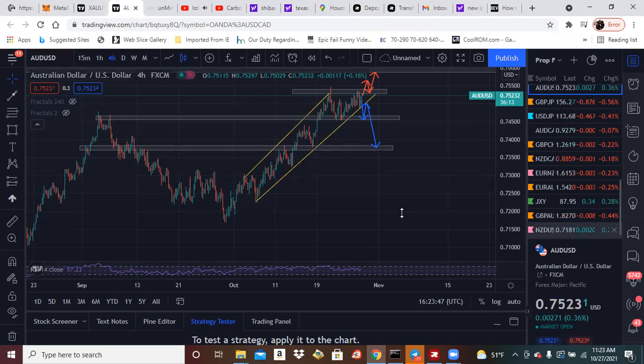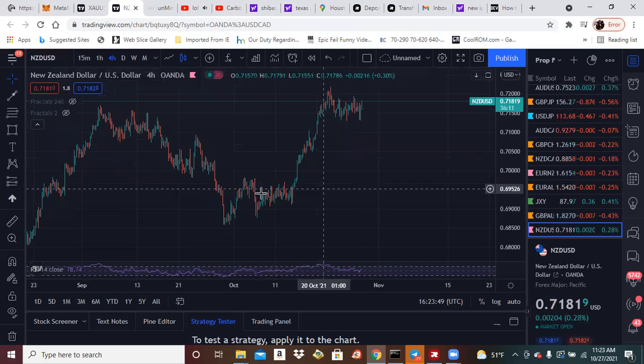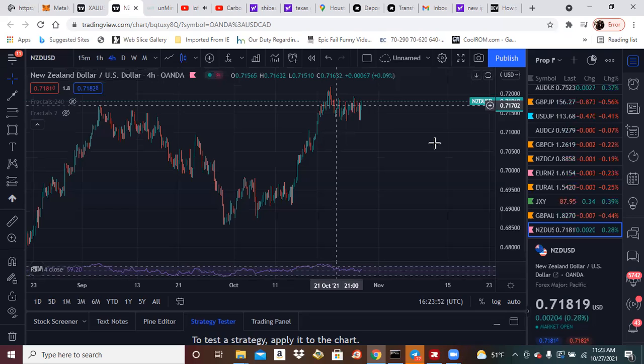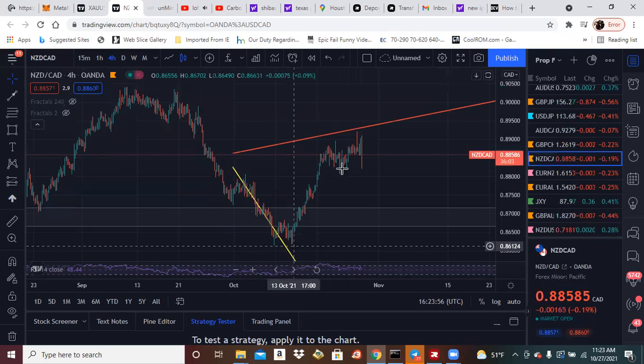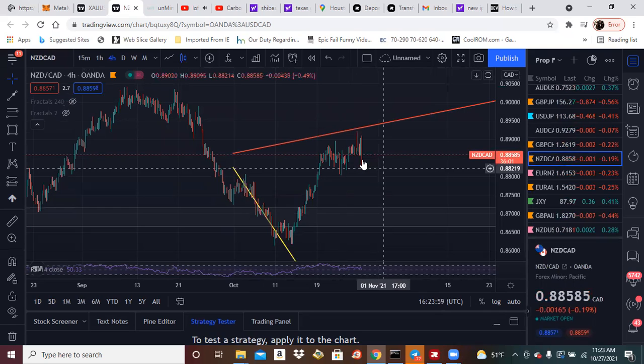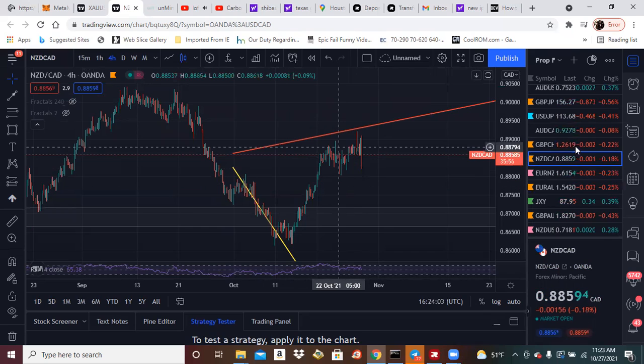I haven't looked at this in a while. See how bullish it is? It's been pushing up. So guess what? NZD CAD's probably pushing up too. See? NZD CAD has pushed up. Obviously, it dropped a little bit because there was Canadian news, but it's still on an uptrend.